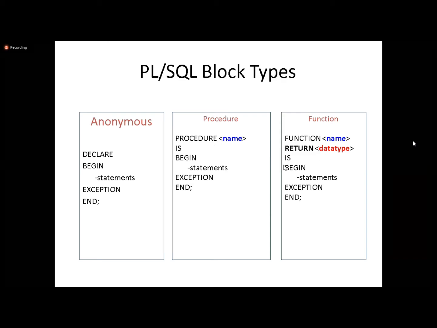Then you have to use the is keyword again. The rest of the thing is almost like the procedure. Begin, then the required statements you wish to execute, then exception handling and end. That is how PL/SQL blocks are structured.